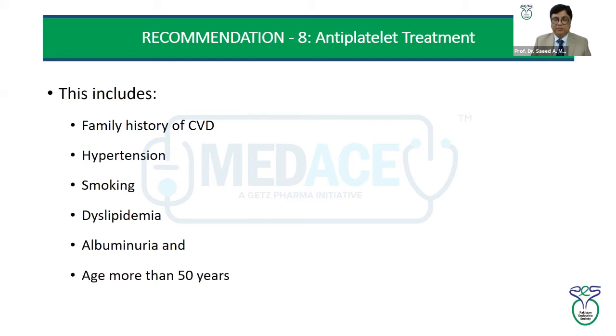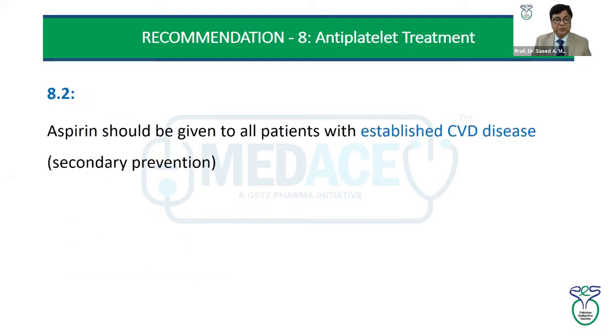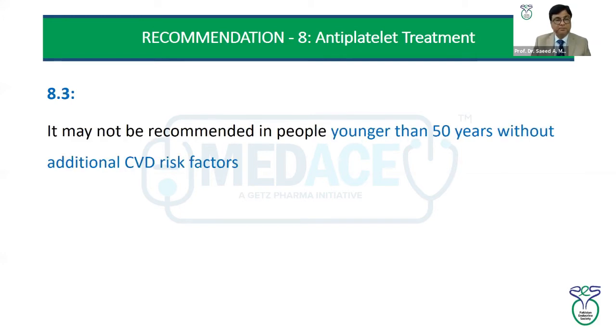In this group, yes, after a proper history and if there is no contraindication, you can give aspirin to these patients. But aspirin should be given to all patients with established cardiovascular disease, for example post-CABG, post-MI or post-PCI. It may not be recommended in people younger than 50 years of age with no additional cardiovascular risk factors.